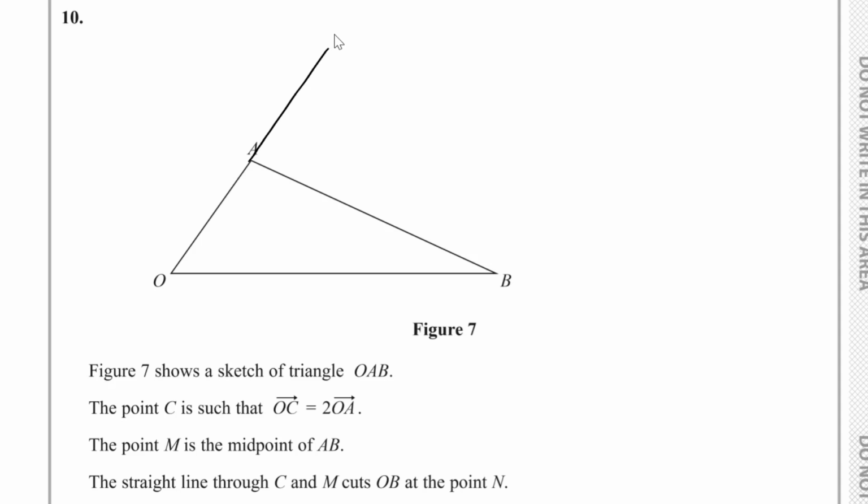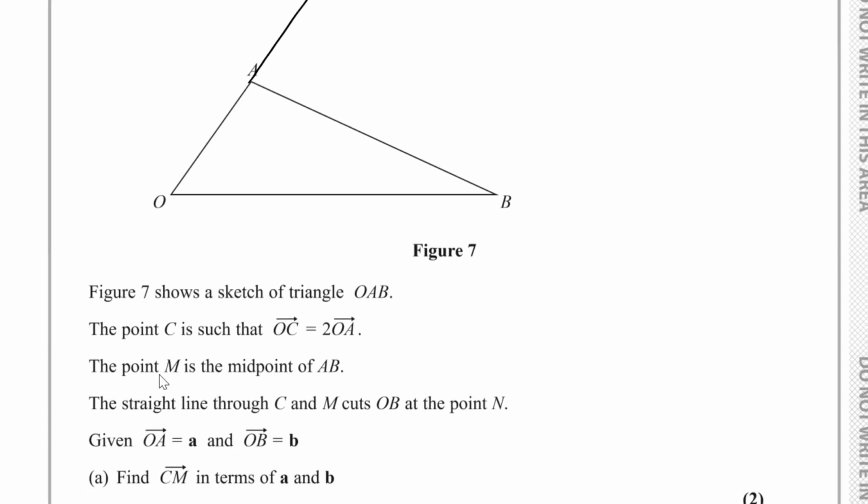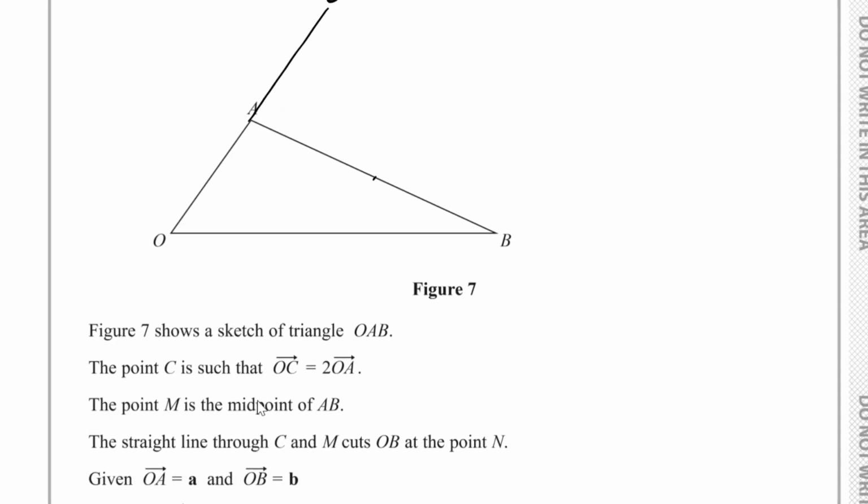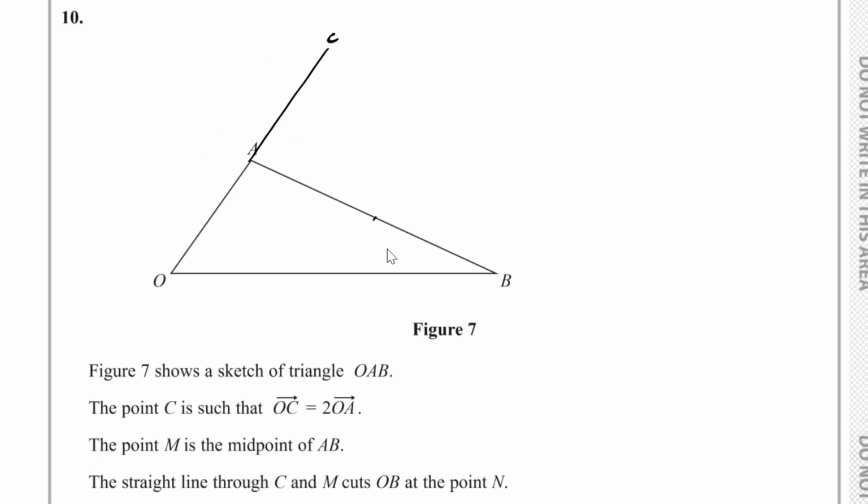So here we have the point C, and the point M is the midpoint of AB. So the midpoint of AB, that's over here somewhere, and we've got this straight line which passes through C and the point M. And this straight line cuts OB at the point N.